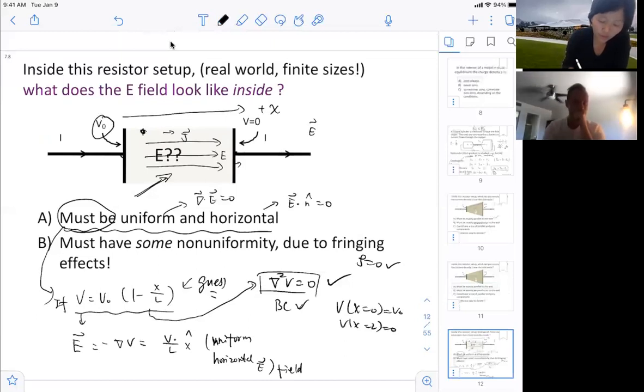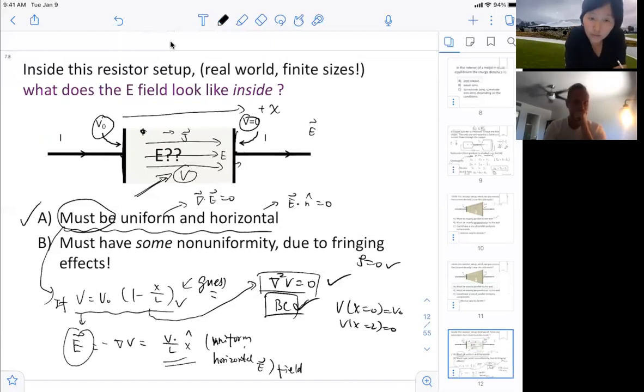So using the uniqueness theorem, that must be the only solution for V inside the material. If V is like this, then E must be uniform and horizontal. So I would argue A is correct.